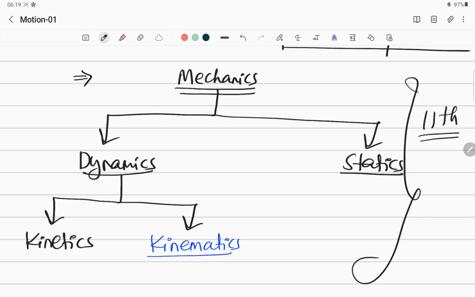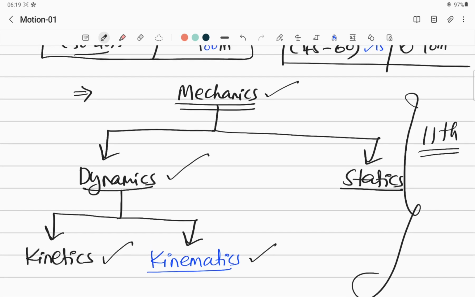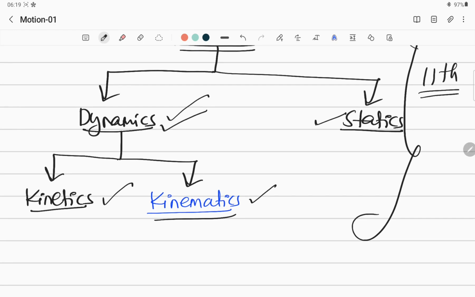I can discuss them now also, but in your NCERT textbook these words are not mentioned, so on your own you get to know about them. And if you want to listen to a video on mechanics, the difference between dynamics, statics, kinetics and kinematics, then please comment below. Then I'll be making a video about that.